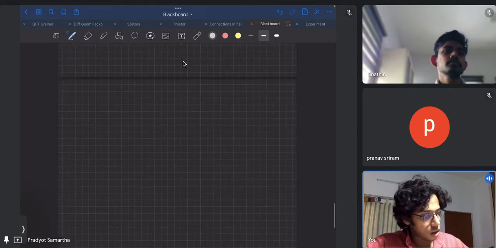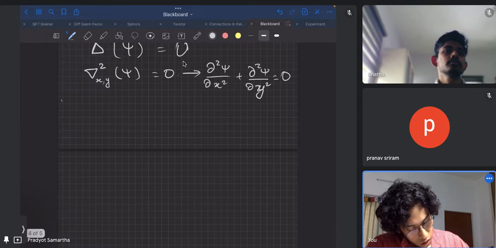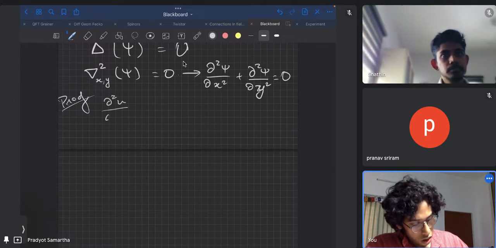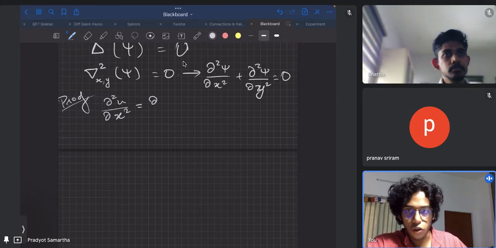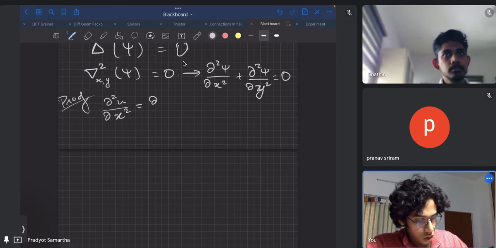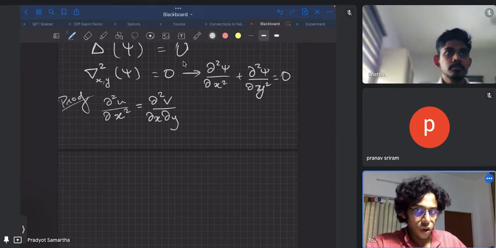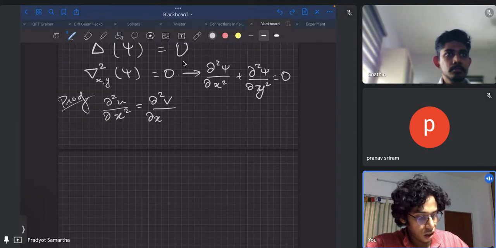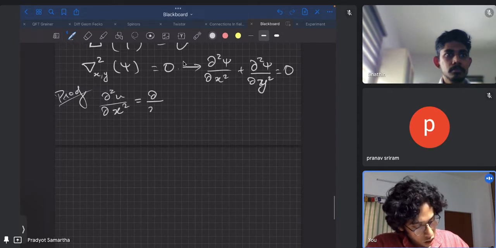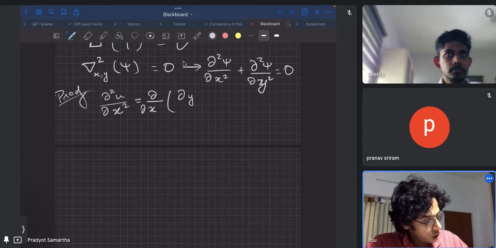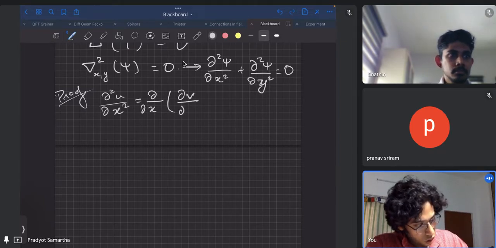What you can do is just take d square u by d x square, and when you take this using the Cauchy-Riemann condition, you have dou square v by dou x dou y, right? Because you're basically taking dou by dou x times dou v by dou y.